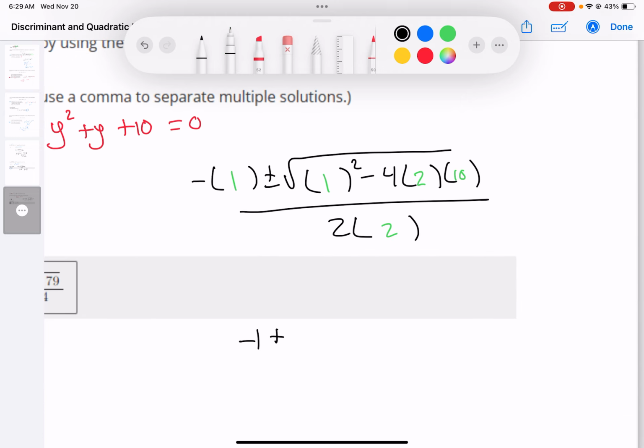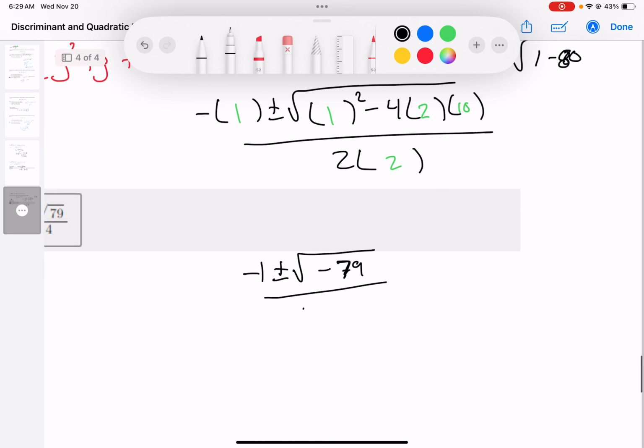So I got negative 1 plus minus square root. 1 squared is 1. And then I got 4 times 2 is 8 times 10 is 80. So under here, my discriminant, I got 1 minus 80. So that's going to give me square root of negative 79. And all of that is divided by 4.